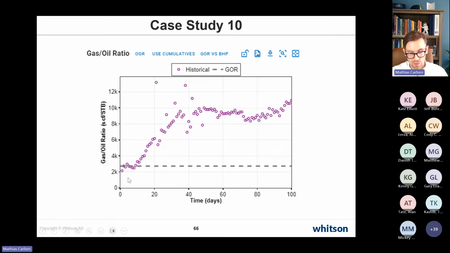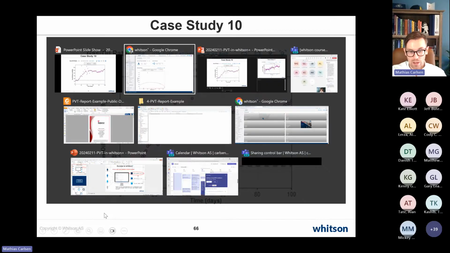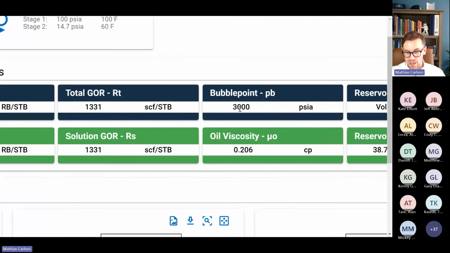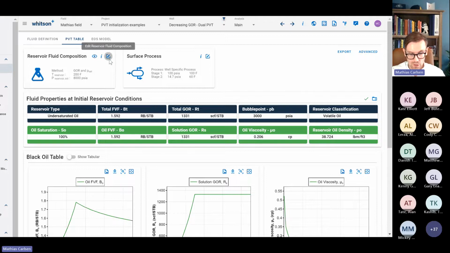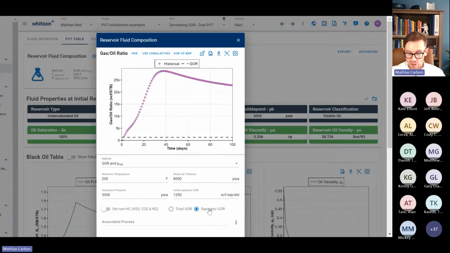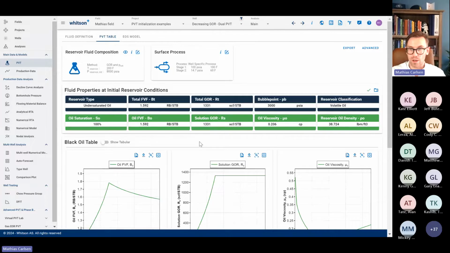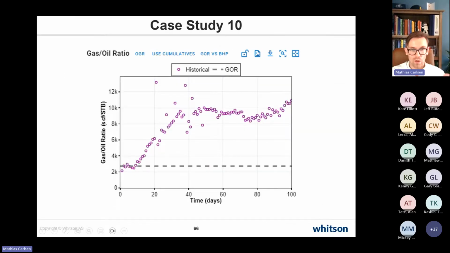If I've calculated my bottom hole pressure at the same time, and I see what my bottom hole pressure is when this starts to shoot up, I can basically provide a field indication of what the saturation pressure is for this particular fluid. And that's how I can use this method, such that when I go to the PVT now, my bubble point is exactly 3,000. And then you will see that my total GUR is not 1,250 because I've inputted a separated GUR. And from separated to stock tank, there's a shrinkage that should make the GUR here larger than what we were dealing with before.